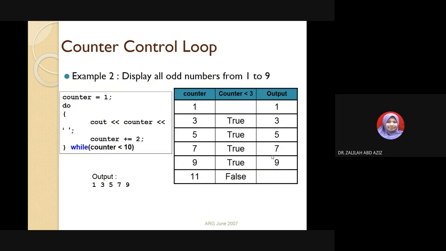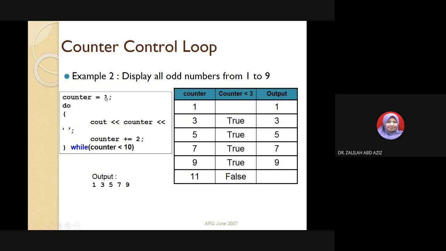Okay, now do while statement. Okay, so kita nak tengok display all odd numbers from 1 to 9. Okay, by using do while statement. So kalau nak start dengan 1, kita akan letakkan counter equal to 1. Okay, counter equal to 1 and then do, and then curly bracket, tutup curly bracket, cout counter.